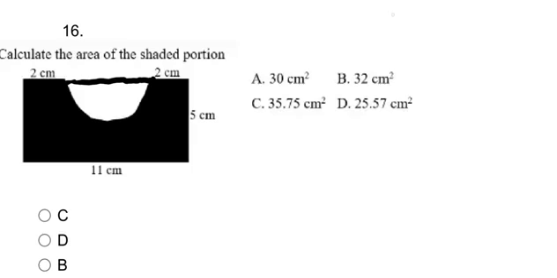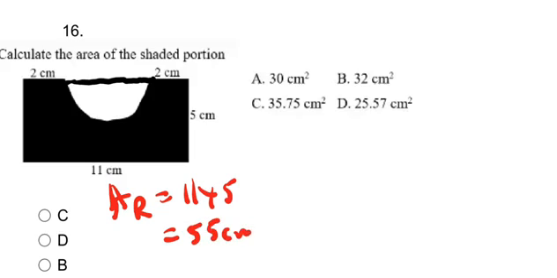So let's find the area of the rectangle. The area of the rectangle is 11 times 5, and that gives 55 centimeters square. Now the area of the semicircle.